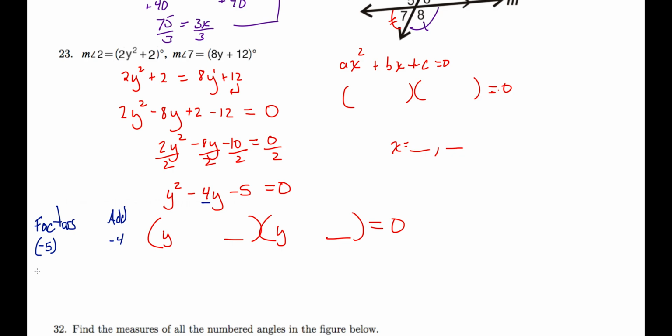So 1 and negative 5 and negative 1 and 5. Those are the only factors of negative 5. So which one of these gives us negative 4? It's this first one. The second one here will give us positive 4. It's got to be negative. So that's going to be y minus 5, y plus 1. So let's take each one of these binomials and set it equal to 0.